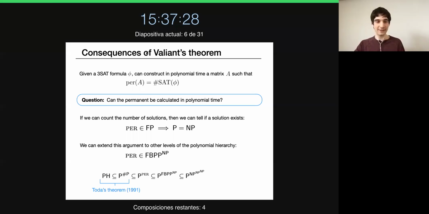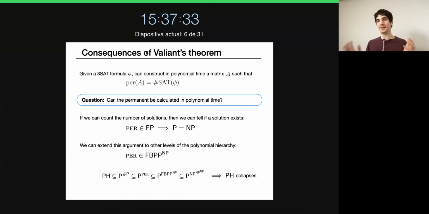It's not exactly important what this chain is doing, but at the end of the day, you get that the polynomial hierarchy, which is conjectured to be an infinite sequence of complexity classes, actually collapses to a finite sequence. And this is also an assumption that complexity theorists hold near and dear. So it's also probably not true that the permanent has even such a crazy algorithm like a BPP, the NP algorithm. So this is Valiant's theorem.